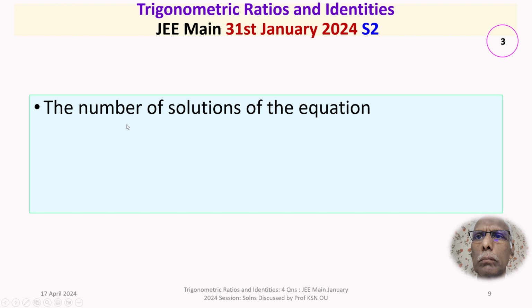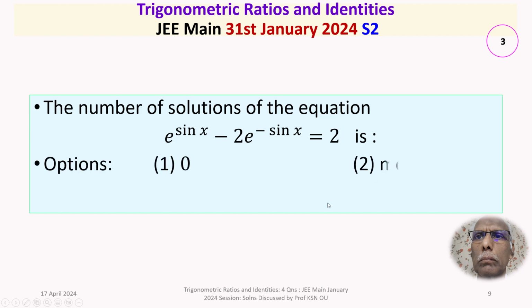The given question is: the number of solutions of the equation e power sin x minus 2 times e power minus sin x is equal to 2 is, and we are given 4 options. So we want to find the number of solutions of this exponential equation.